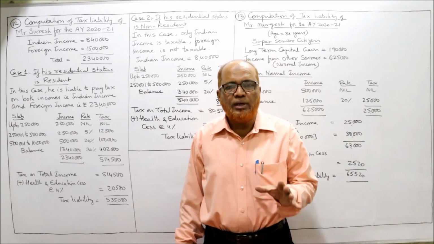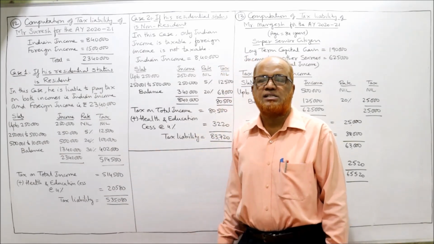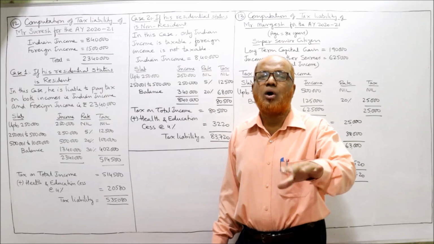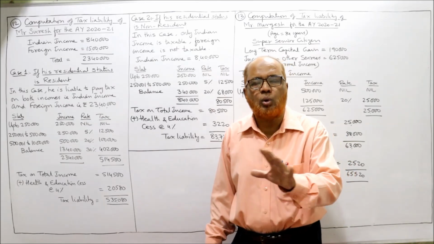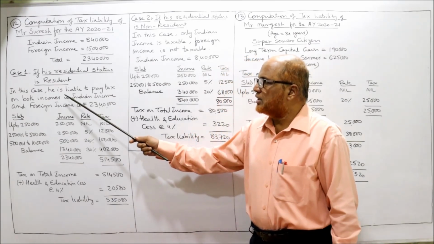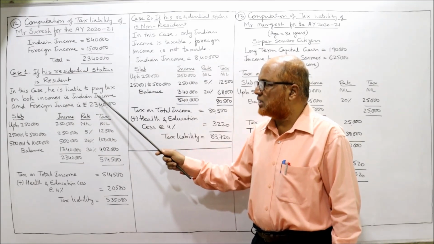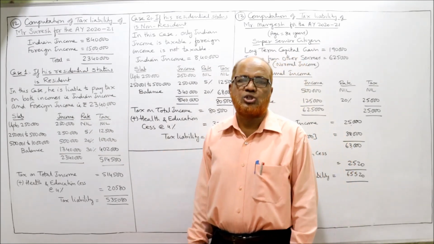So in our problem, we take the first case. If his residential status is resident, ordinarily resident, then he has to pay the tax on global income, the total income, both Indian income as well as foreign income. So in this case, he is liable to pay tax on both the incomes, 23 lakh 40,000. Now the slab system.